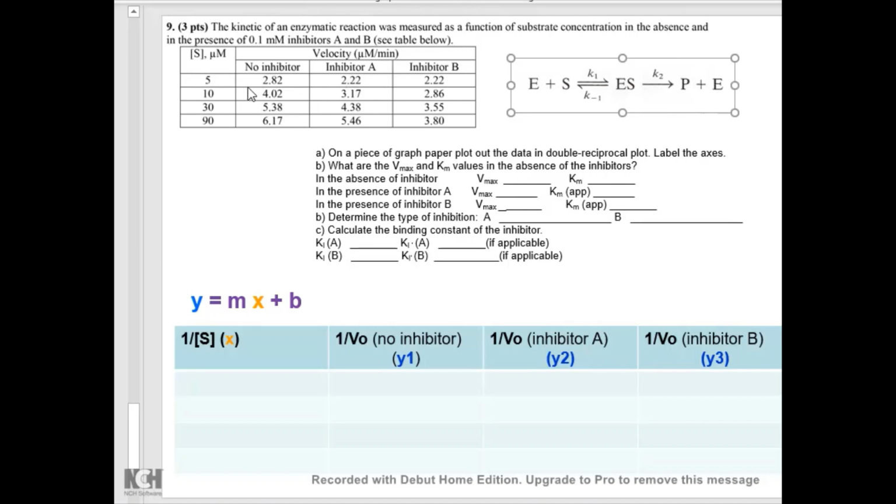There are three reactions listed here, and the velocity of the three reactions was measured under different substrate concentrations, which are shown here in micromoles, and these numbers were found in micromole per minute, meaning that this concentration of product accumulated in 1 minute for each reaction.